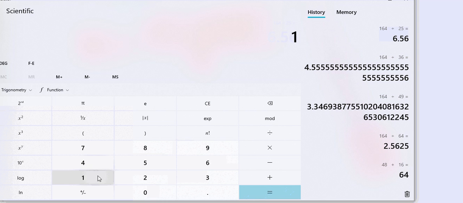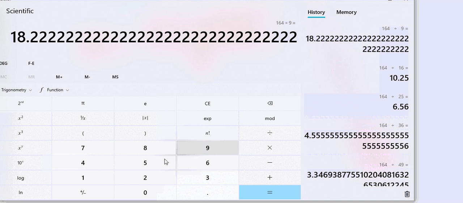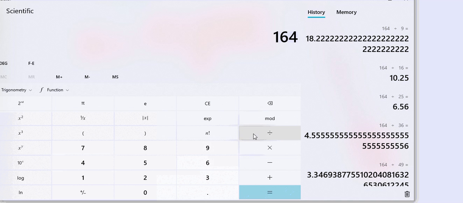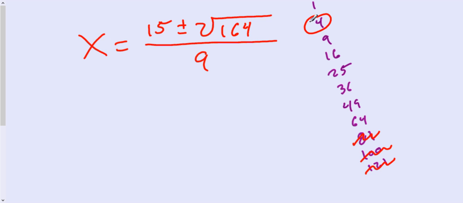Of course not. 164 divided by 16. Nope. 164 divided by 9. Nope. 164 hopefully by 4. If not, then this thing is not simplifiable. Oh, there we go. So the largest one that we can actually use is 4.